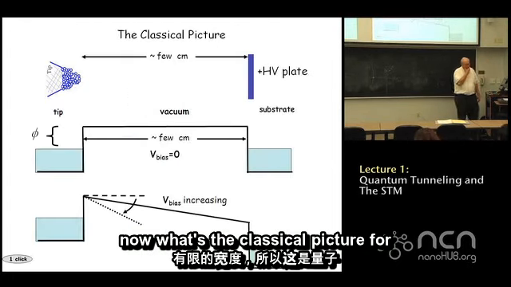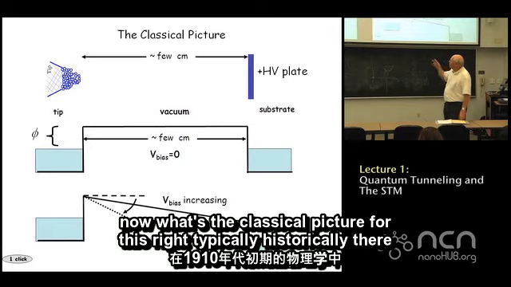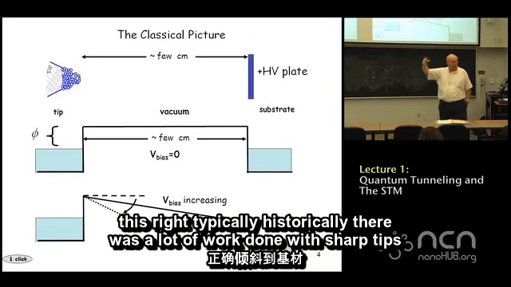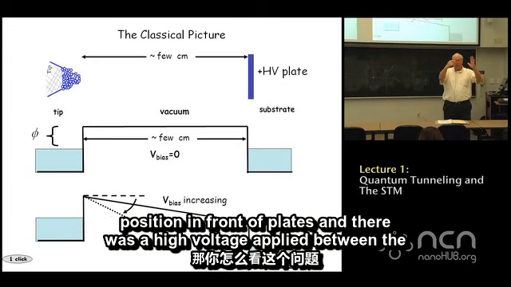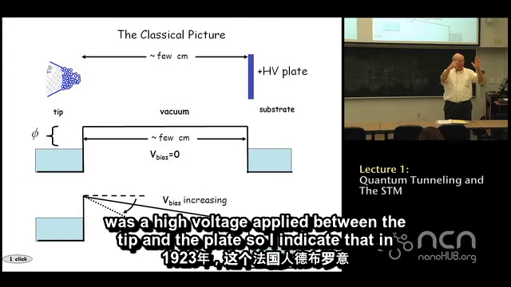Now, what's the classical picture for this, right? Typically, historically, there was a lot of work done with sharp tips positioned in front of plates, and there was a high voltage applied between the tip and the plate.